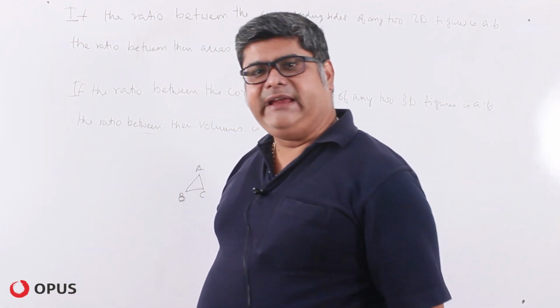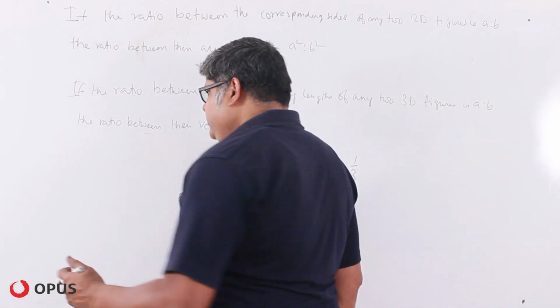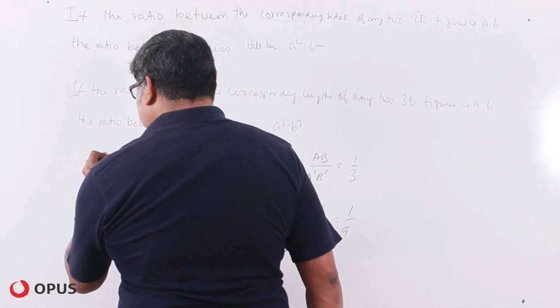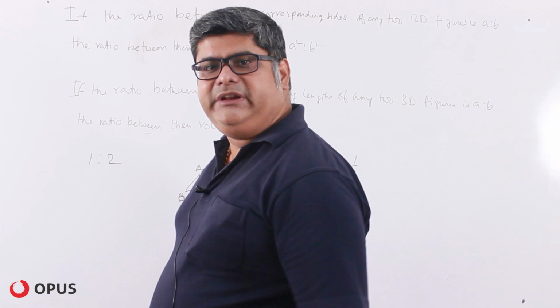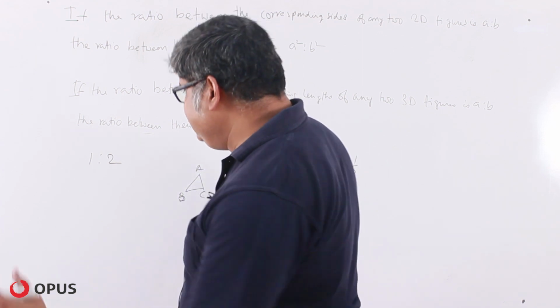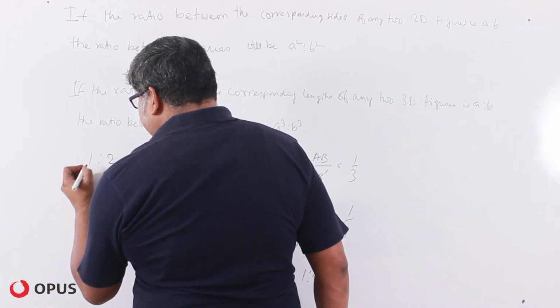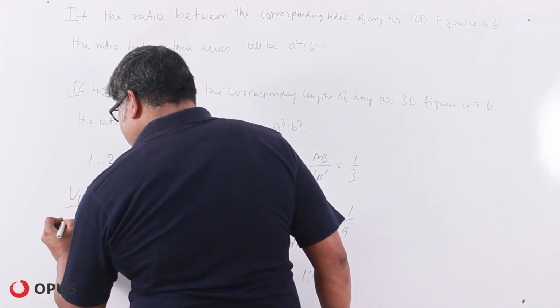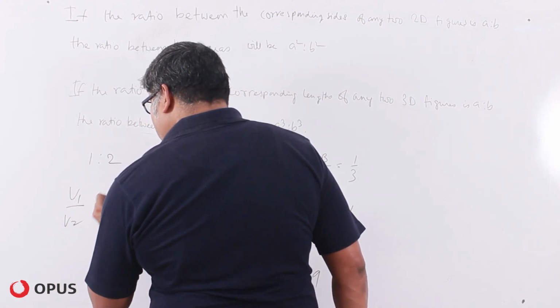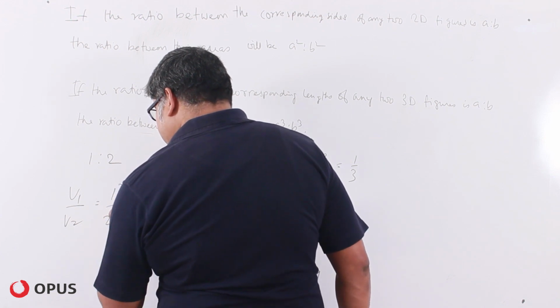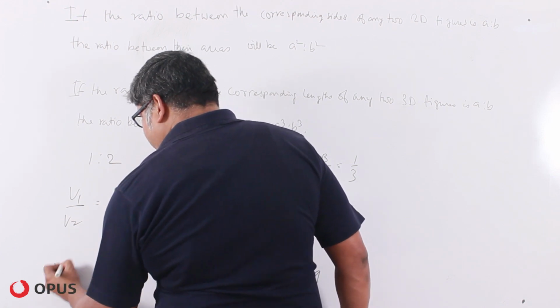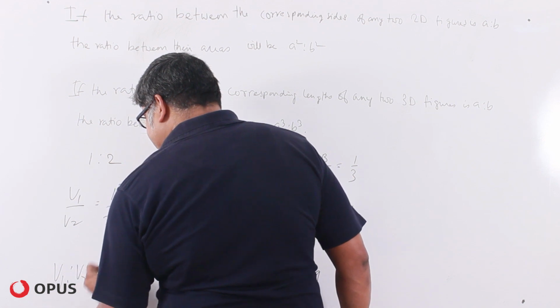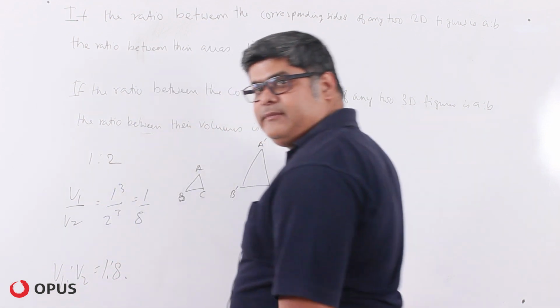The ratio between the sides of two cubes is 1:2. What would be the ratio between their volumes? Since the ratio between the sides is 1:2, V1:V2 is nothing but 1 cube by 2 cube, which gives us 1/8. So V1:V2 is 1:8.